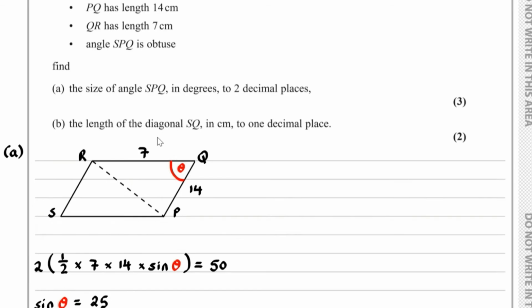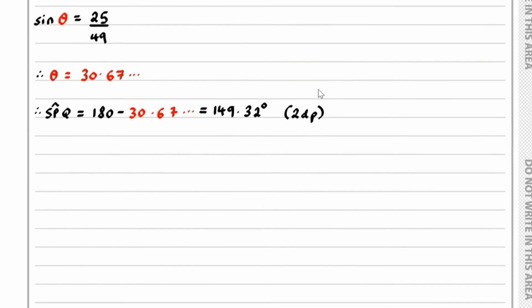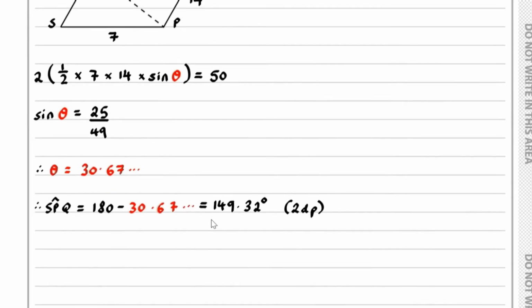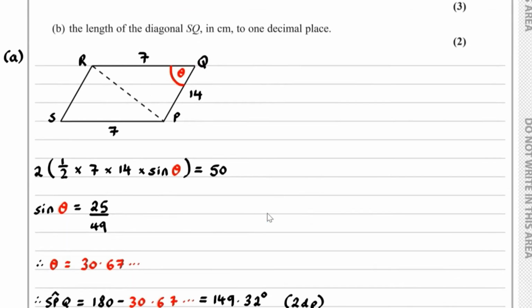And now for part B, we have to find the length of the diagonal SQ. Give your answers to 1 decimal place. Well, we know that this length here is also 7. We've got 149.32 for this angle here.